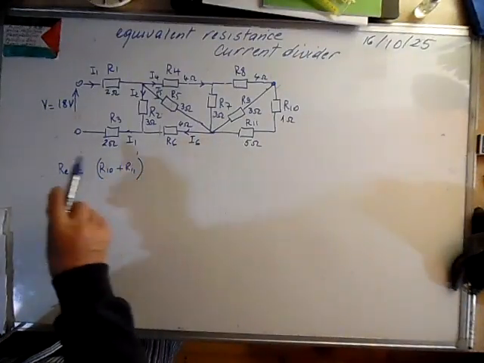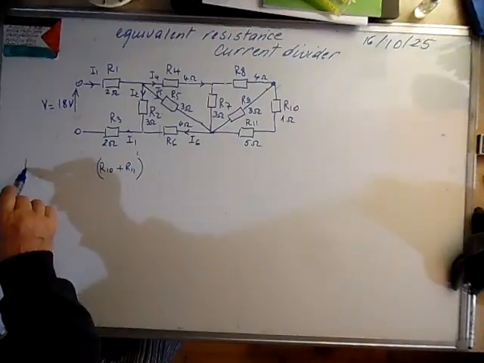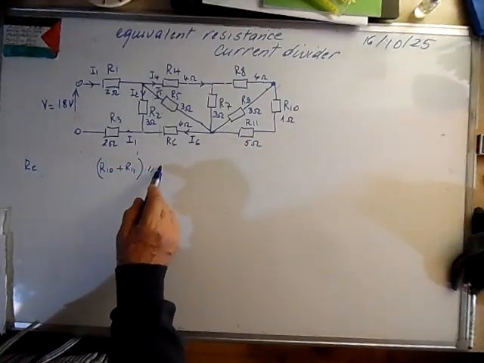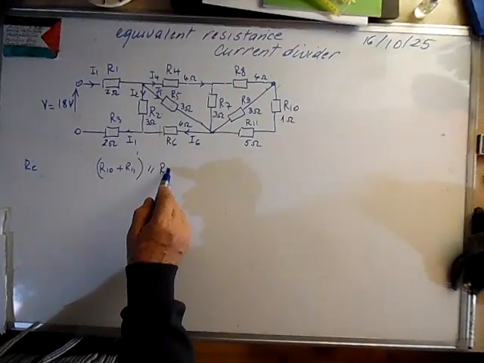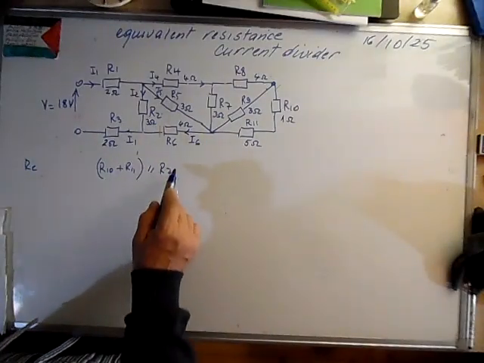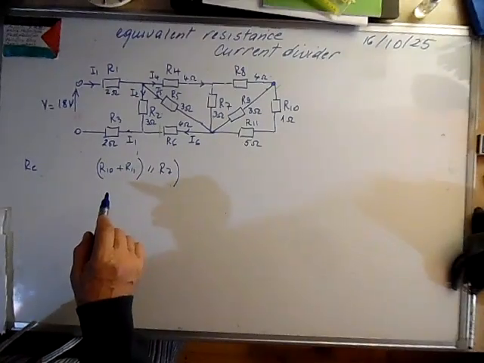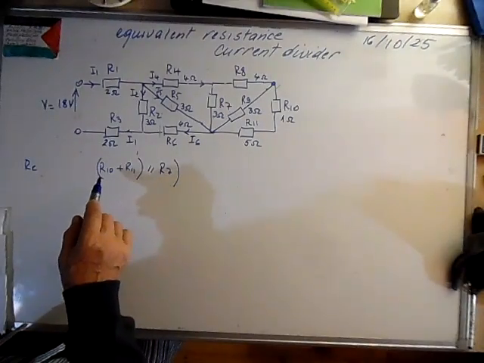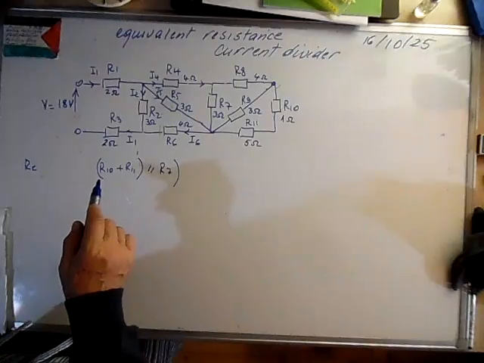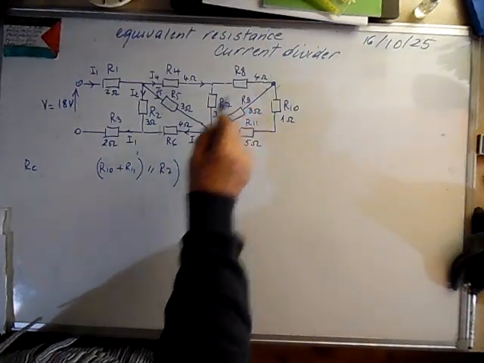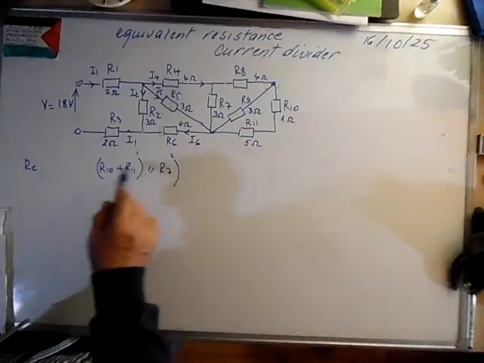Second step: these two are in parallel, and here we will use the current divider between these two to calculate I9 and I10 as a function of I8.